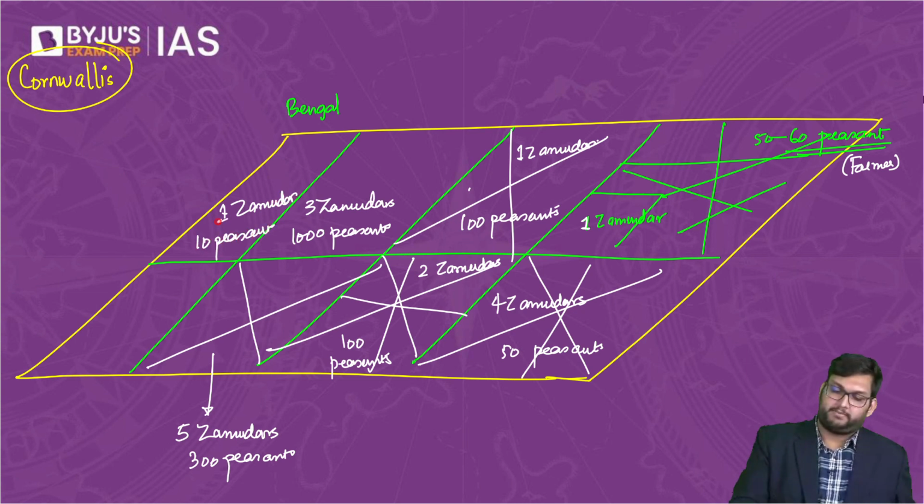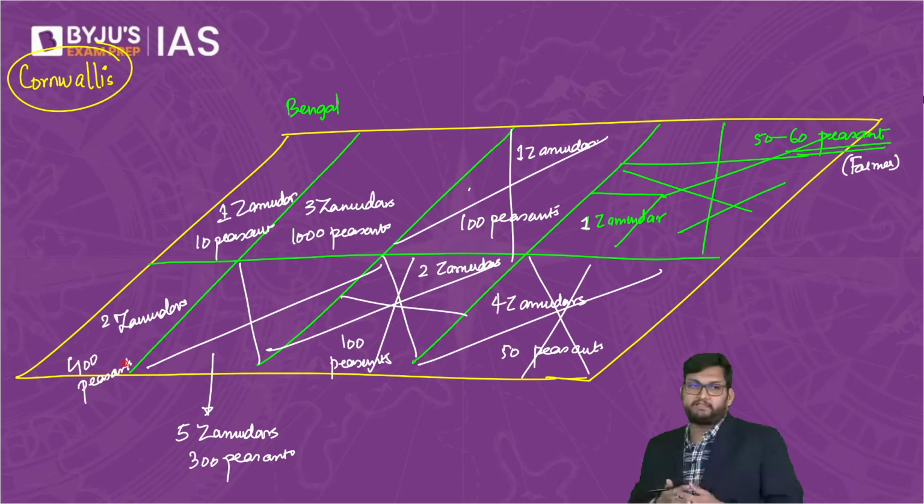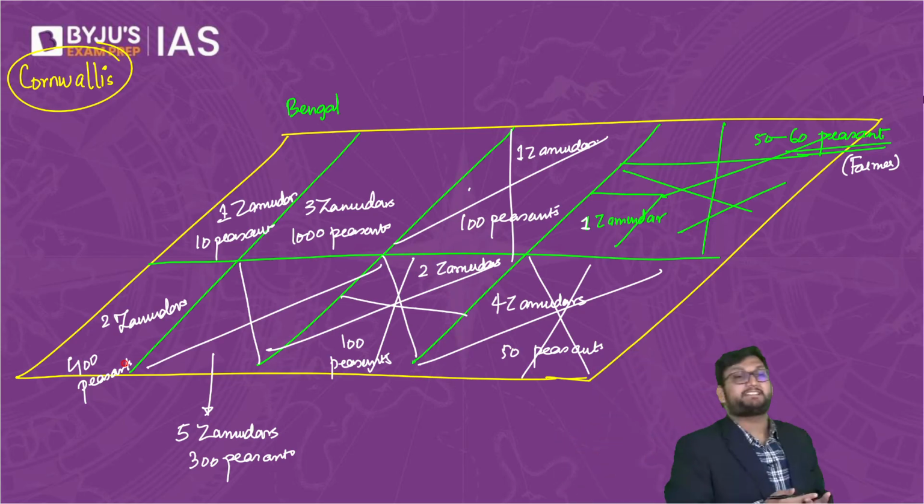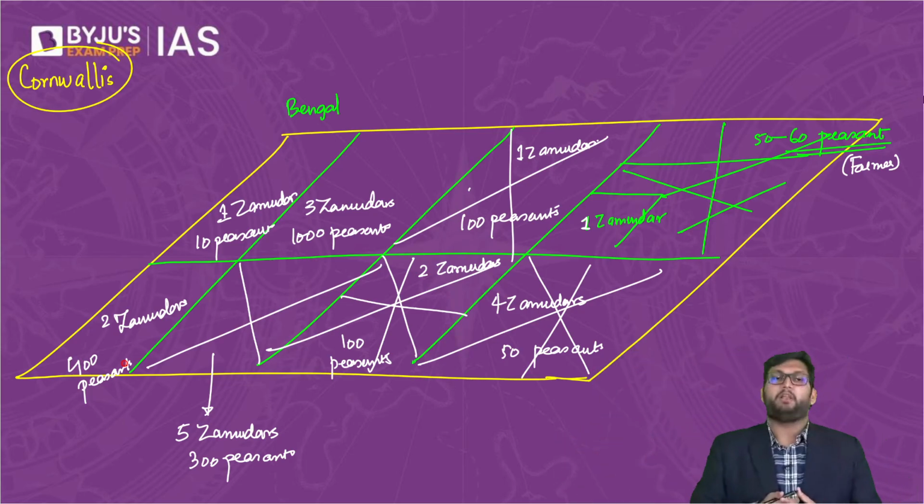And for example, this has 2 zamindars and 400 peasants. So these are basically different parganas, or what you want to call the different districts of Bengal. And now Cornwallis has to collect tax.